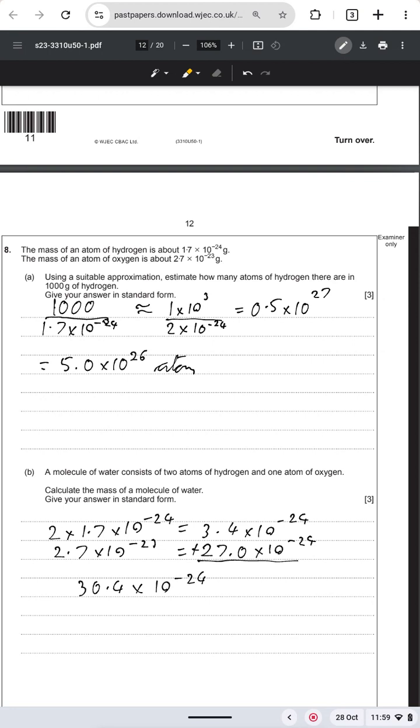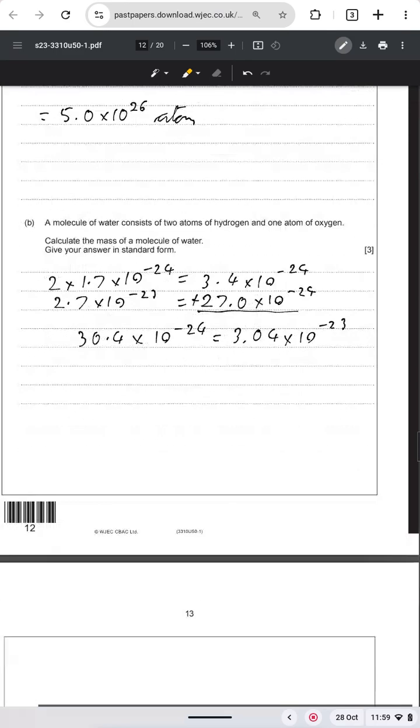But in standard form, we like to have one number before the decimal point. So this is 3.04 times 10 to the minus 23. And that should be of the same order as the mass of oxygen, because oxygen is far bigger than hydrogen.